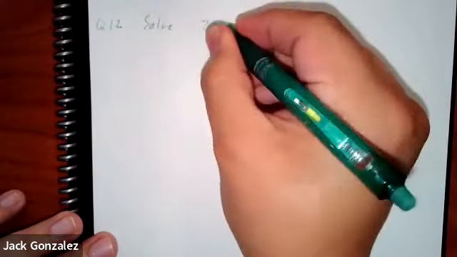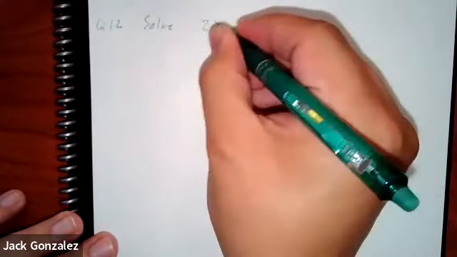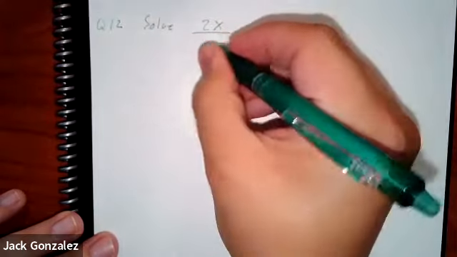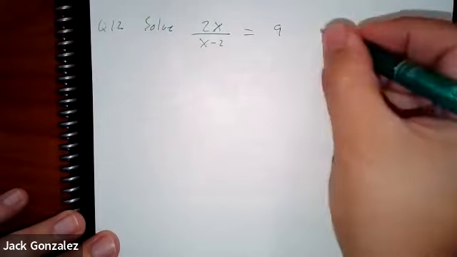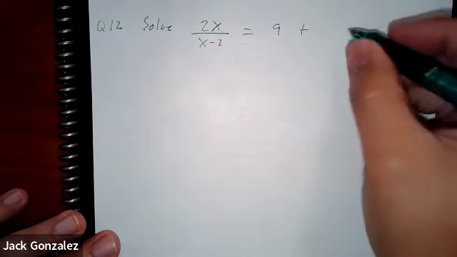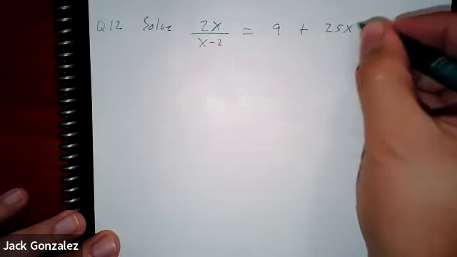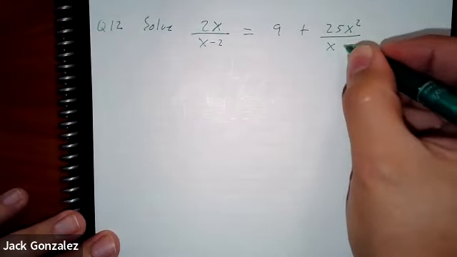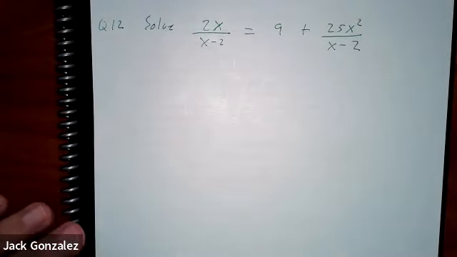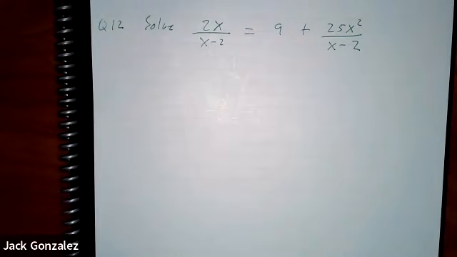Solve the following: 2x over x minus 2 equals 9 plus 25x squared over x minus 2. So it's the same kind of question as the last equation type that we did.